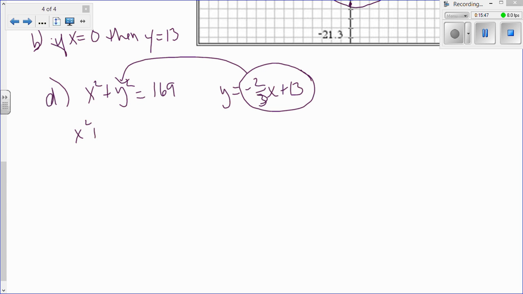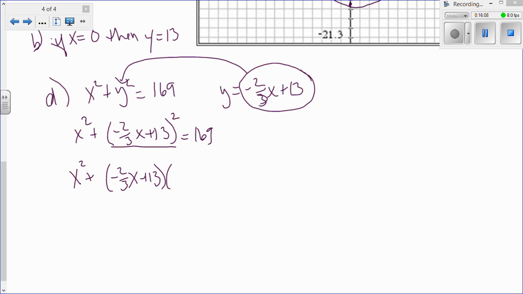So x squared plus (negative 2/3 x plus 13) squared equals 169. Now I know when something is squared like this, it means I need to write it twice: x squared plus (negative 2/3 x plus 13)(negative 2/3 x plus 13) equals 169.